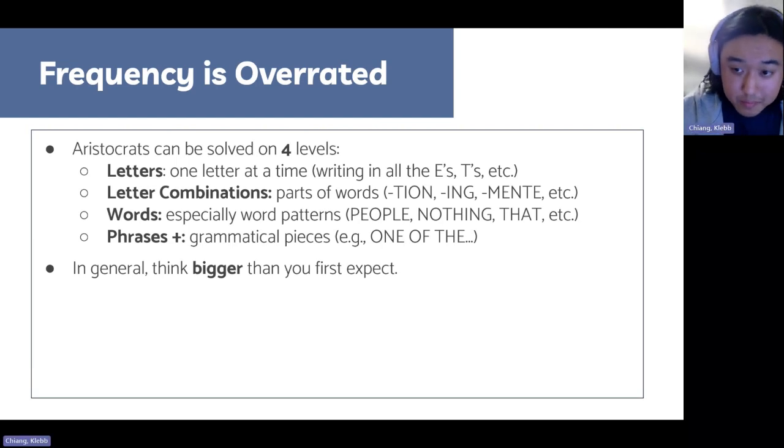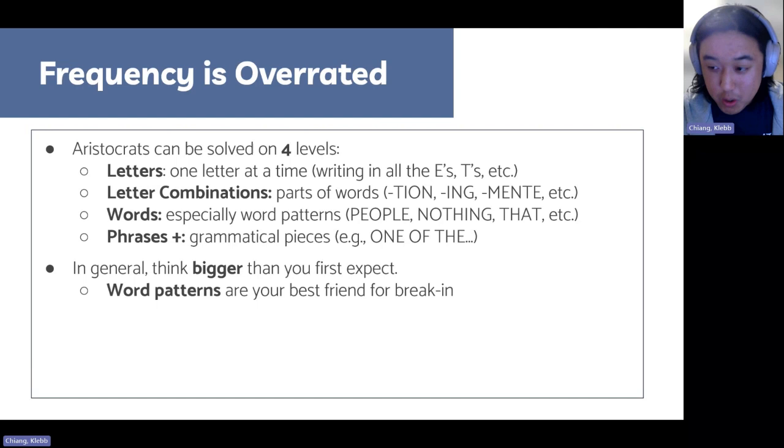In general, my advice to you is think big. I think too many people get caught up on letter by letter solving, but if you ask anyone who's done this event with a lot of experience, who's maybe done quite well in the event, they'll probably tell you that word patterns are your best friend, especially for breaking in. The reason is it's a lot of information all at once. That is 3 unique letters.